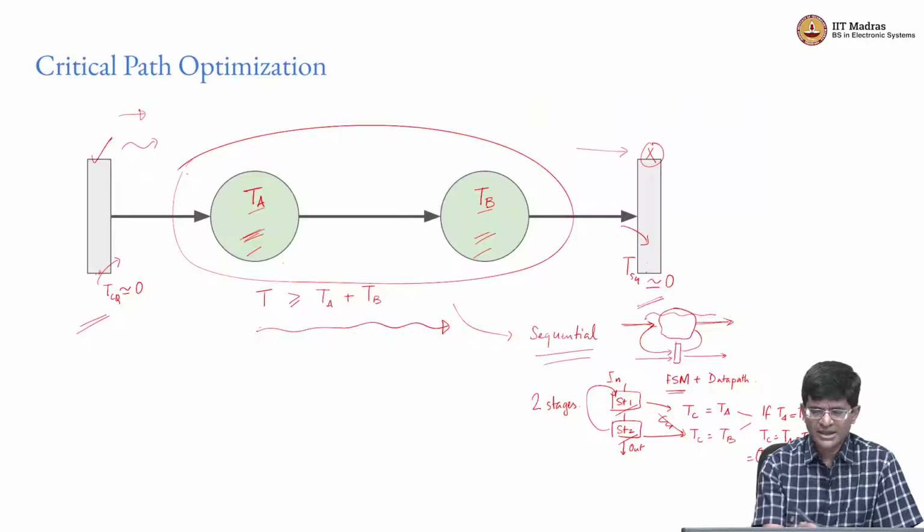So my assumption is that I could break this logic up into two stages or two states and implement a finite state machine that performs the computations one after the other. In order to do that, the output that I generate from A has to get stored into some registers, and then it has to get fed back for the next stage computation to be performed, and the final output comes over here and goes into the second set of registers.